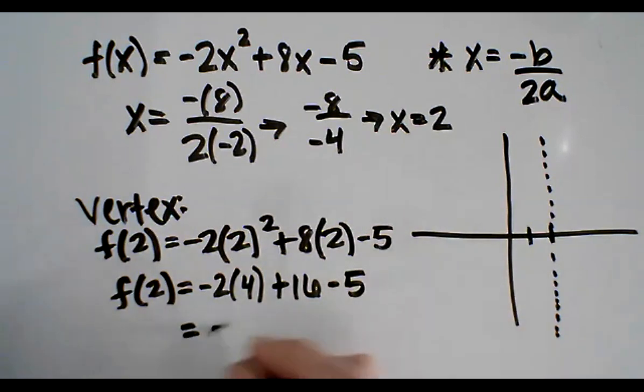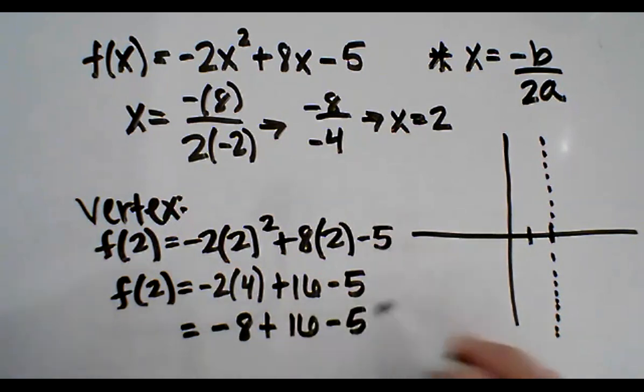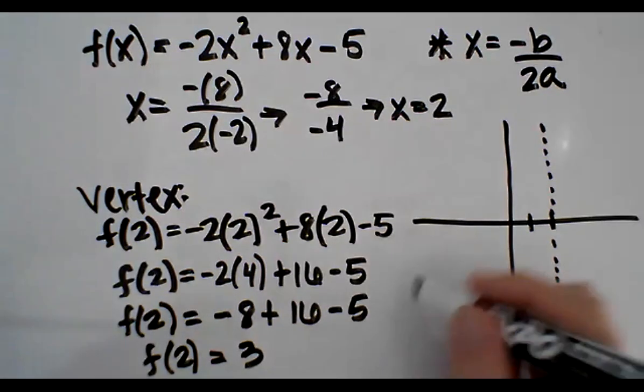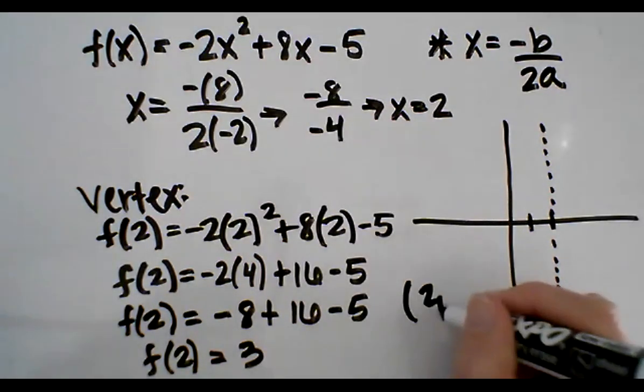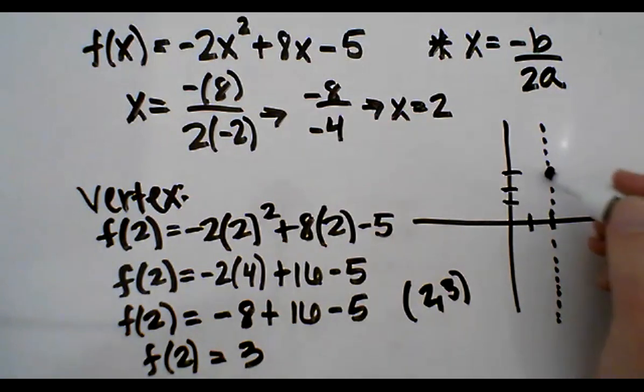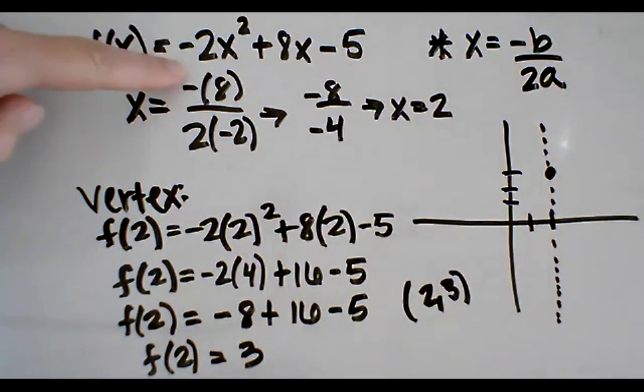But you do have to make sure that you are following order of operations correctly. So we end up with f of 2 is equal to 3. So now we know our vertex is at the point 2, 3. Automatically, I know this graph is going to open down because my a value is negative.